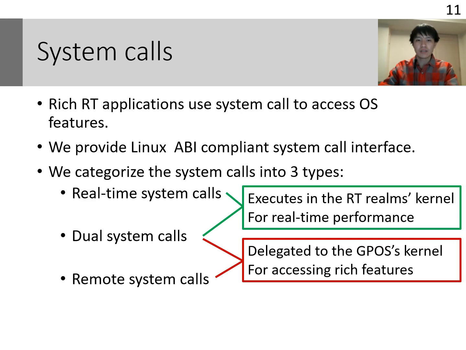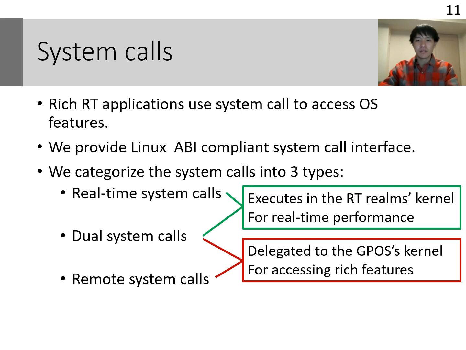We categorize the system calls into three types: real-time system calls, remote system calls, and dual system calls. Real-time system calls are executed in the Swift RTOS kernel, and remote system calls are executed in the general-purpose operating system. Dual system calls are a combination of the real-time and remote system calls. They are carried out in both rhythms to synchronize the process attributes, for example, the memory map of the rich real-time process and the shadow process.